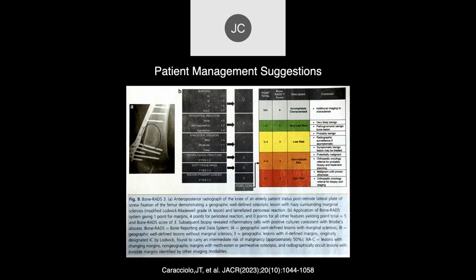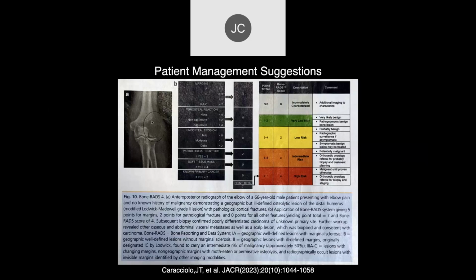If we scored this one, the margins were thought to be 1. The periosteal reaction they thought was more aggressive, kind of the laminated type. Endosteal erosion, I thought that there was a little bit of narrowing, thinning of the cortex right in that location. Total of 5 points. And they followed up on this. This turned out to be an infection, an osteomyelitis within the bone, a little abscess in the bone.